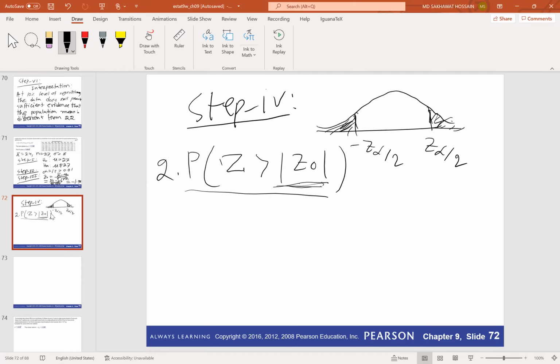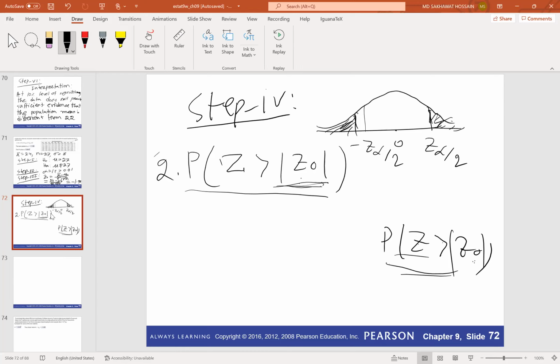If we do not consider the absolute value, here Z0 is negative, so the probability of Z greater than Z0 will always be greater than 0.5, but that's not our correct p-value. So for a two-tailed test, you consider the absolute value of Z0 and Z greater than that.